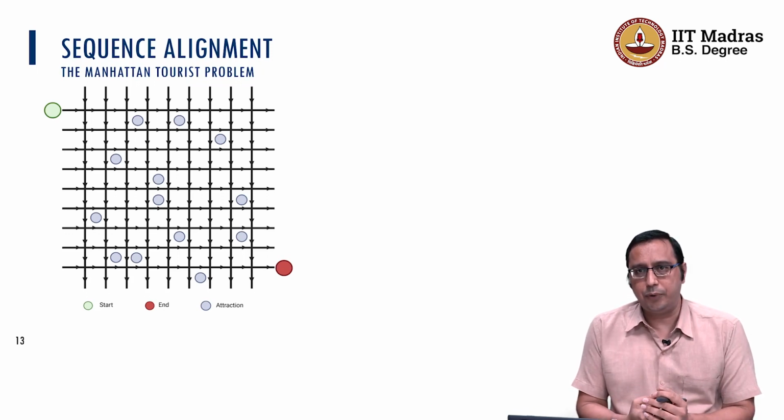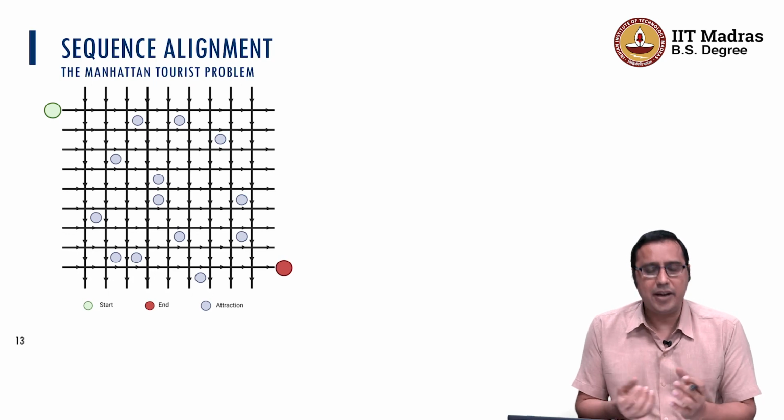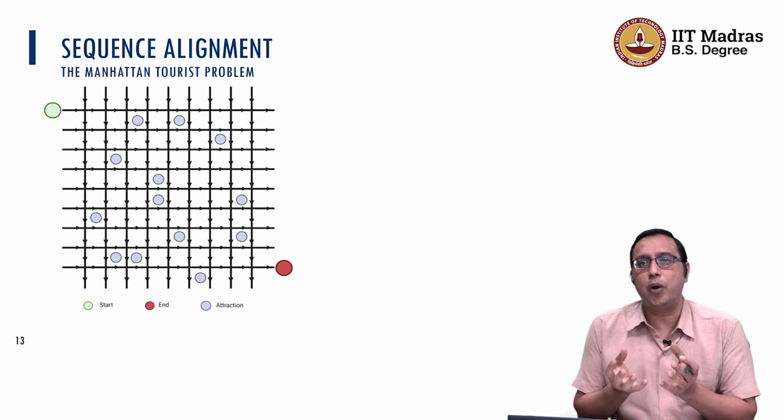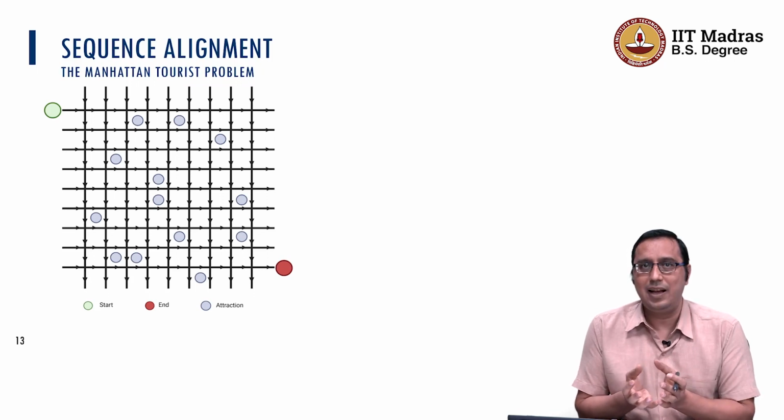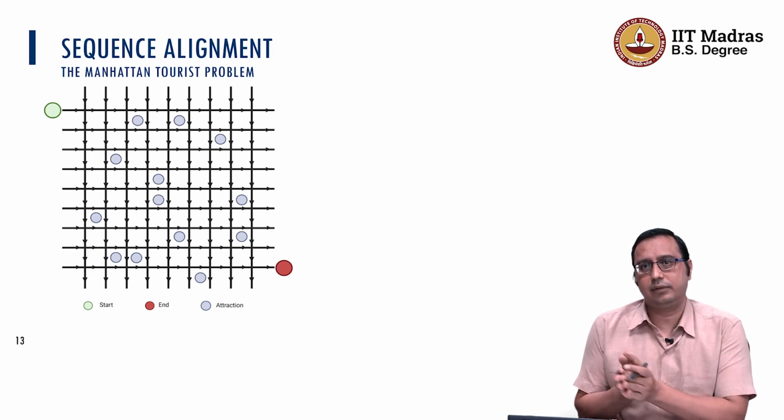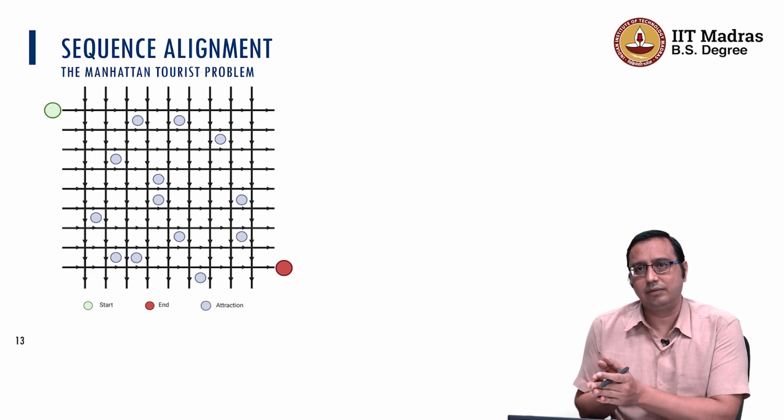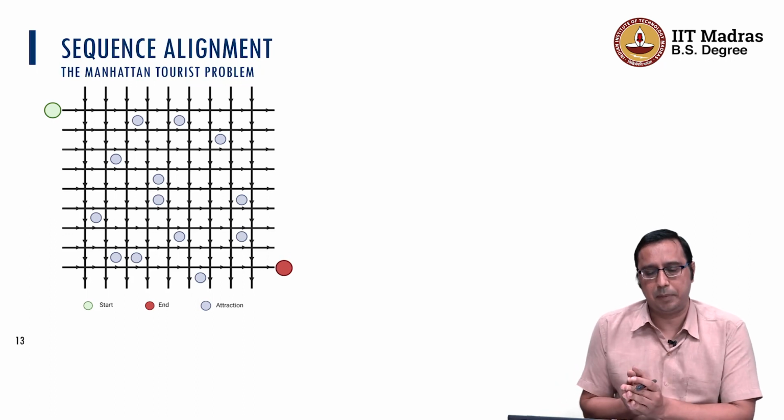So we are going to understand the Manhattan tourist problem and see if I can formulate my sequence alignment problem as a Manhattan tourist problem, and then whatever solutions people have developed for it, I can apply to sequence alignment.